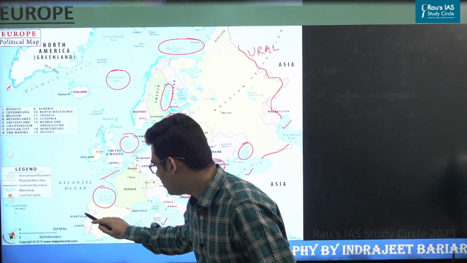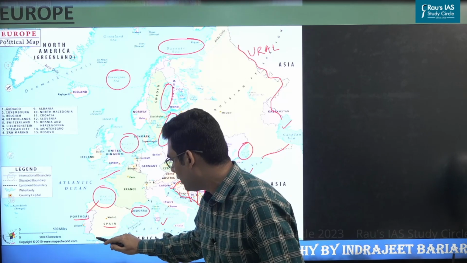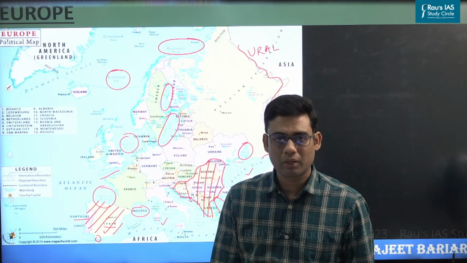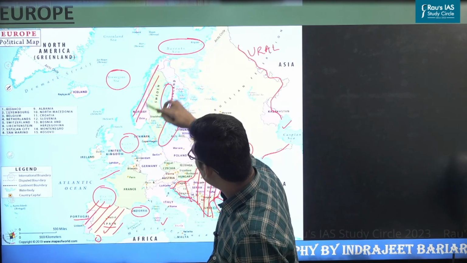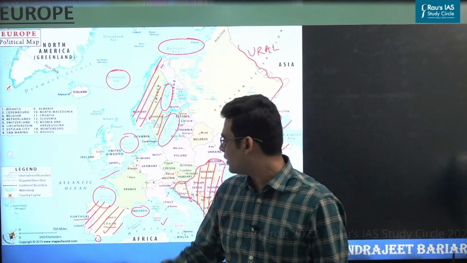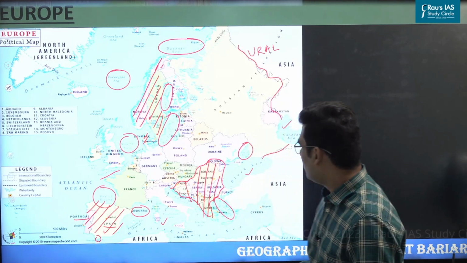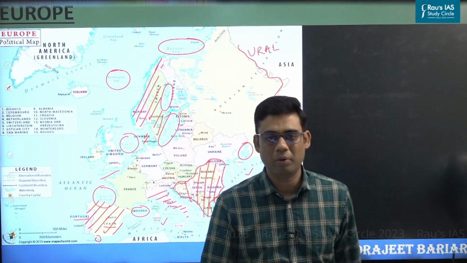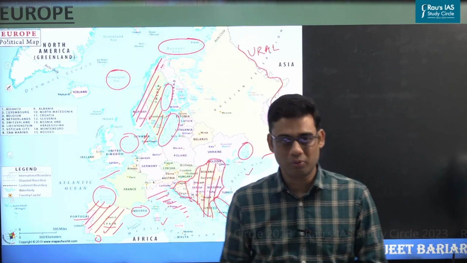Then we have the Iberian Peninsula, which is spread through Portugal, Spain, Andorra, and Gibraltar. Then we have the Scandinavian Peninsula, spread across Norway and Sweden. As far as Scandinavian countries are involved, we include Denmark also. And the fourth one, of course, is the Italian Peninsula. So these are the four peninsulas of Europe.